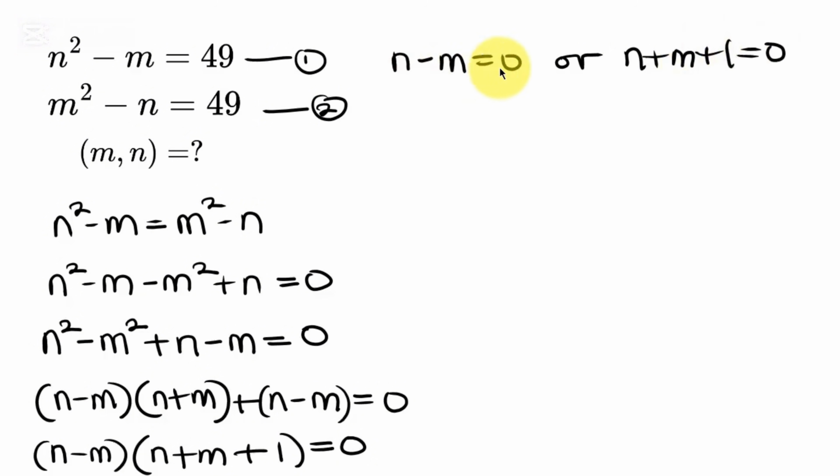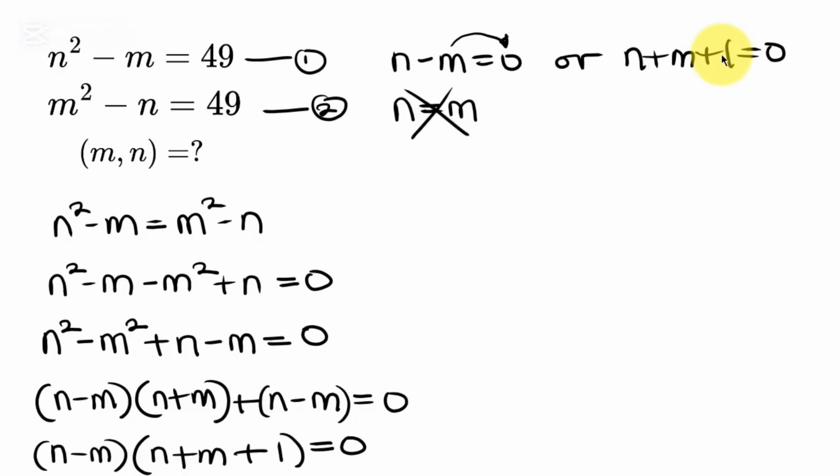Now for the first case, we can just move negative m to the right hand side so that we have n equal to, as negative m crosses, it becomes positive m. So n is equal to m. But from our given condition, n must not be equal to m. So we're going to reject this. Now let's focus on this.